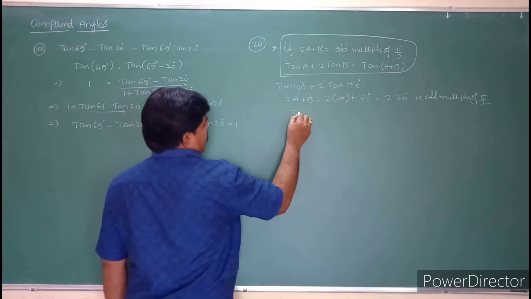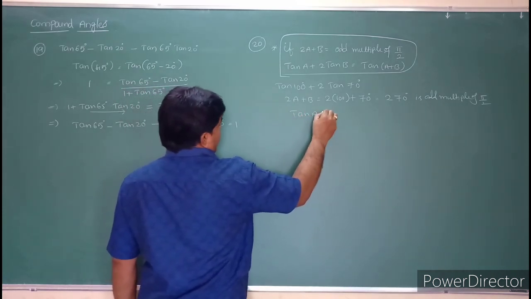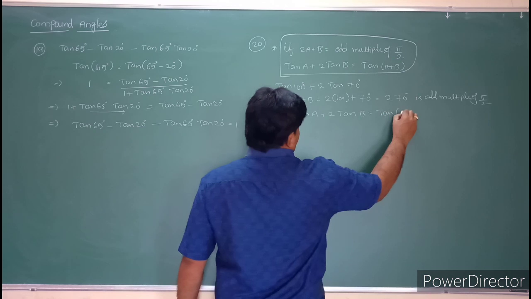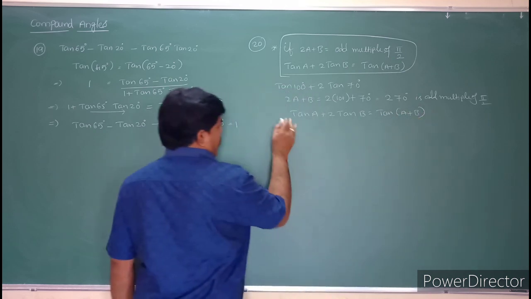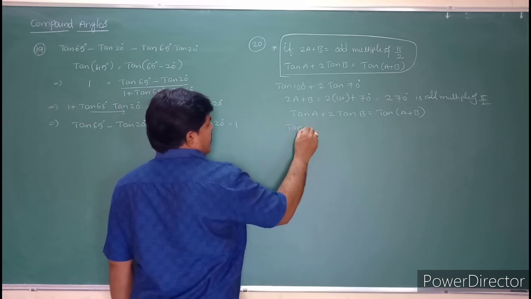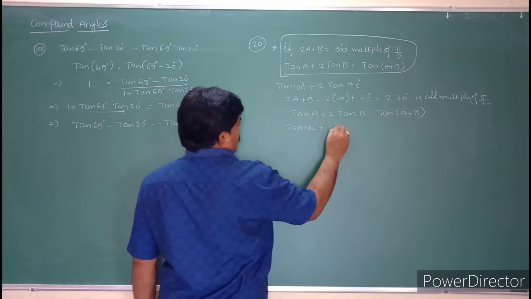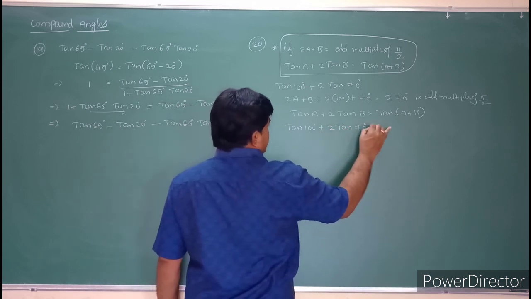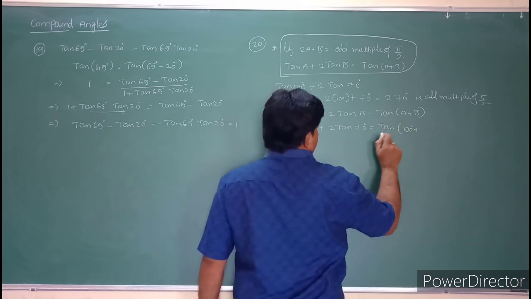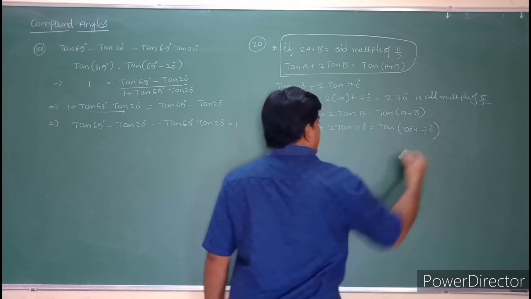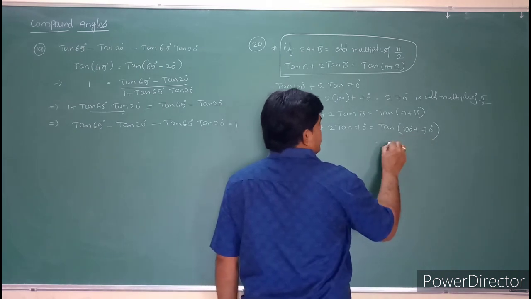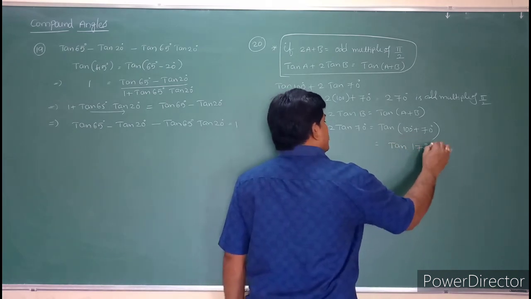Then we can write that tan a plus 2 tan b will become tan of a plus b. So tan 100 plus 2 into tan 70 degrees is equal to tan of 100 plus 70 degrees, tan of a plus b, that is tan 170 degrees.